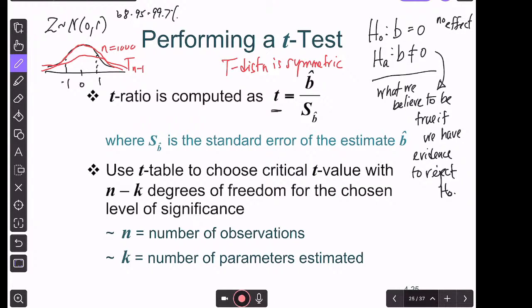The t ratio is computed as this. What is this?